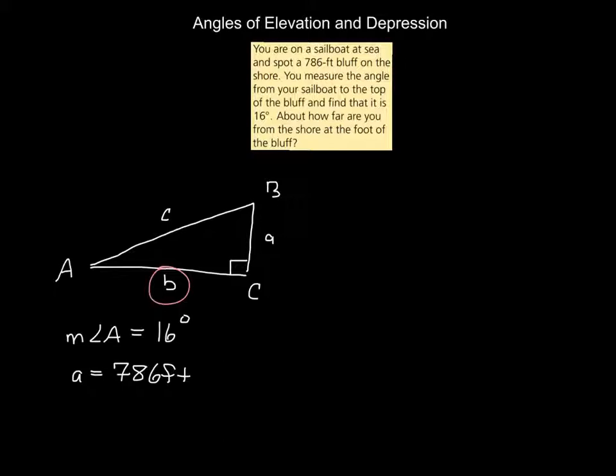And the way we can find that one thing, since we know what this angle is, 16 degrees, we can say the tangent of 16 degrees is A, 786 over b. How do I solve that equation?